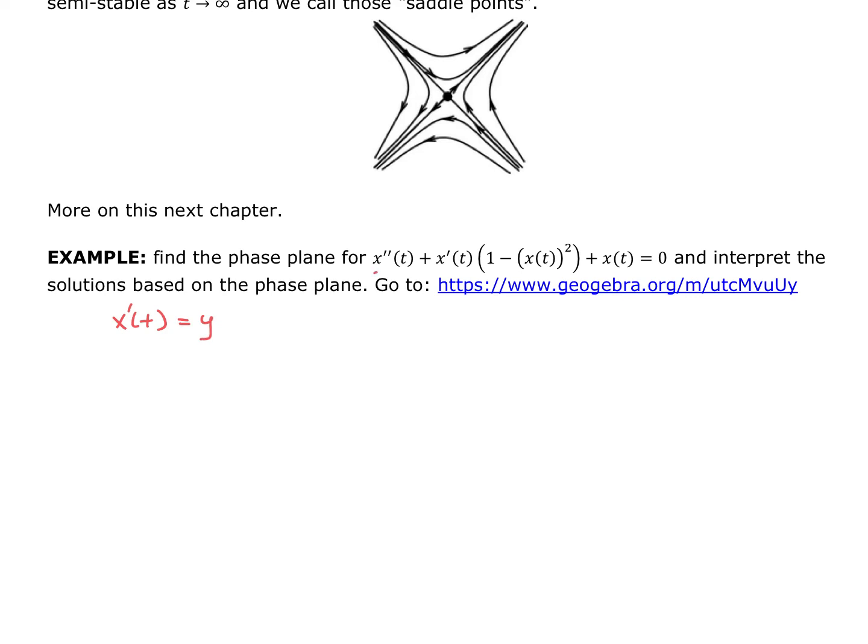That means this equation then becomes x double prime of t plus y times (1 minus x squared) plus x is equal to 0. That means the second equation I need to put in is for y prime of t, which would be equal to negative y times (1 minus x squared) minus x.